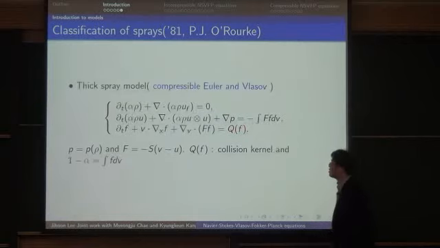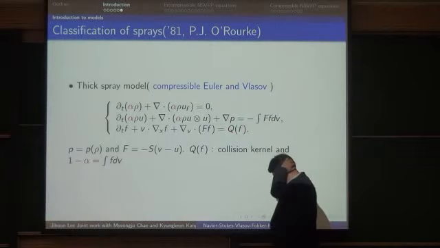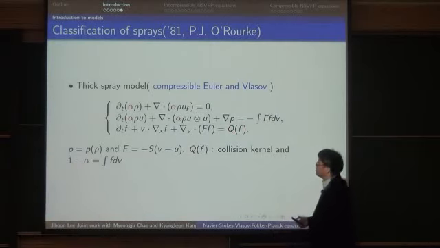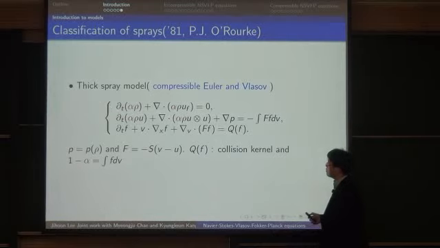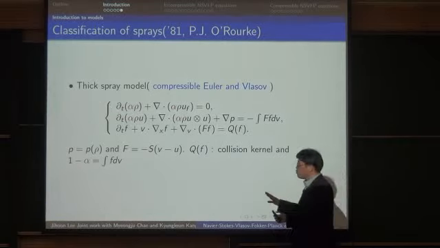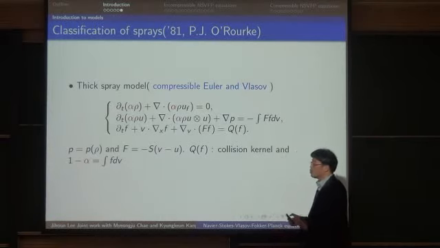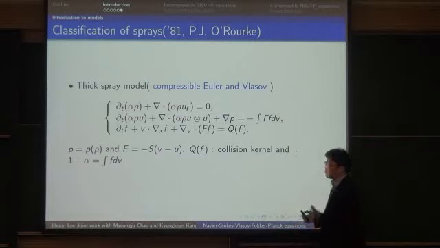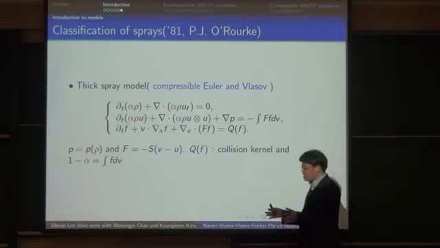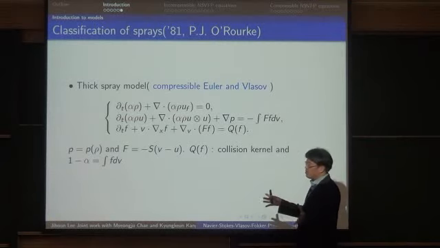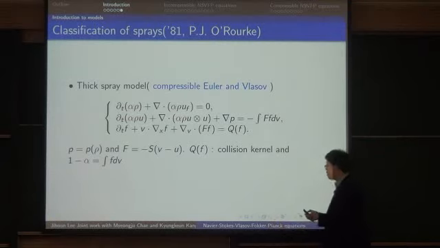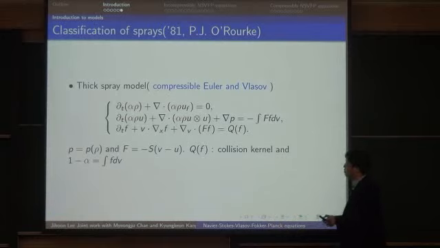And this is the thick spray models, if we consider compressible Euler and Vlasov. Comparing with the previous cases, in the previous cases we ignored the volume fraction of the particles, but now the particles are much thicker than before, so we cannot ignore the volume fractions of the particles.